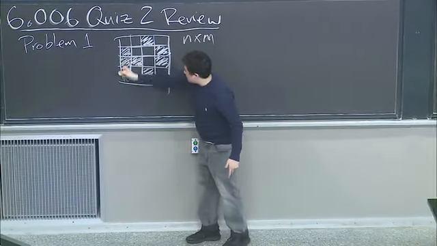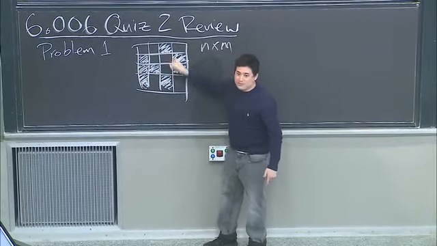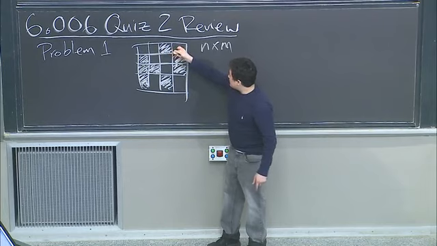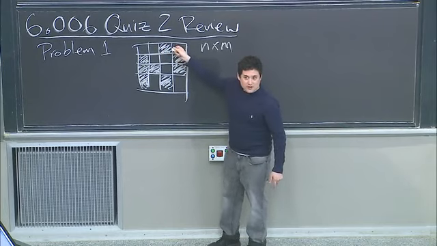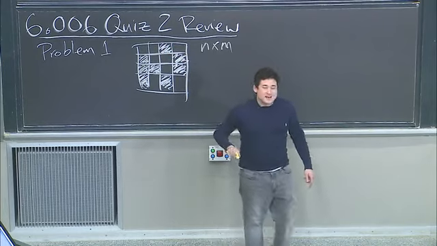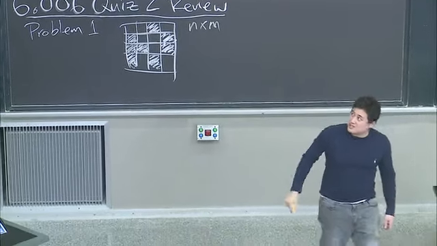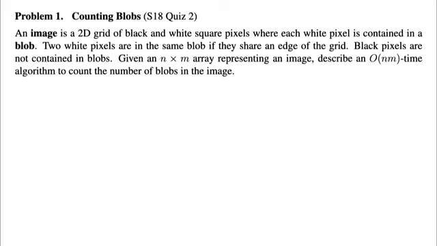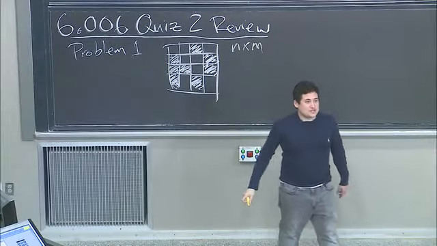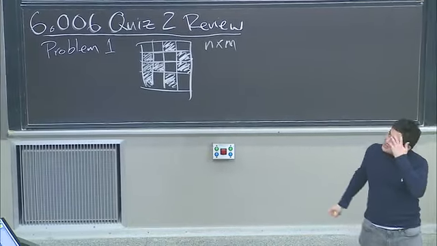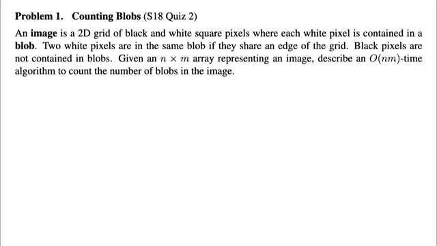So this is a blob, and this is a blob, and this is a blob, and this is a blob. But there's no path here. This black part is not part of a blob. Now, actually, there's nothing in this specification that says that we couldn't have these things be in the same blob. So that's a little confusing, maybe a source of error. This is a source of error that I had when reading this problem after a couple years.